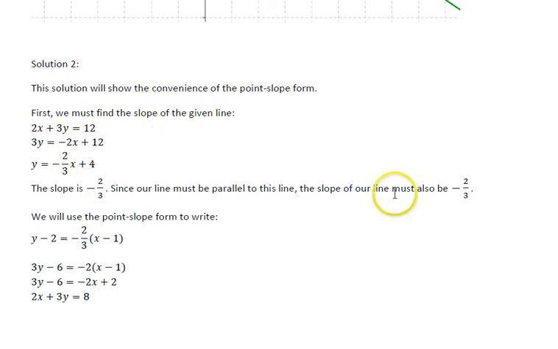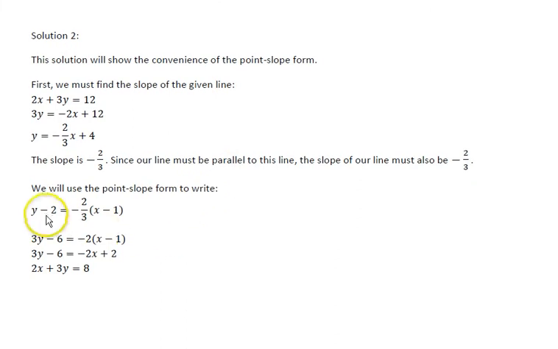We just repeat that here, negative 2/3. Since we have the slope and a point, we can immediately use the point-slope form and write the equation by putting the point in and the slope, multiplying everything by 3 to clear the fraction, distributing and rearranging, and we get the same answer, 2x plus 3y equals 8.